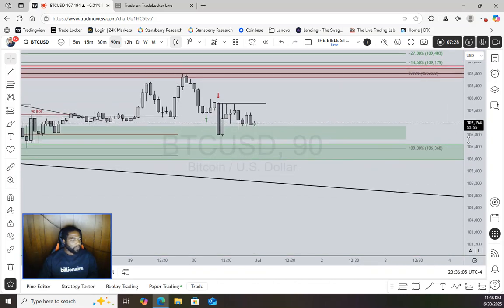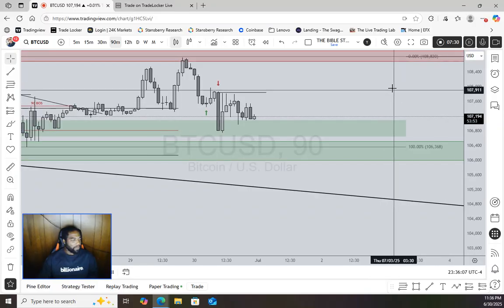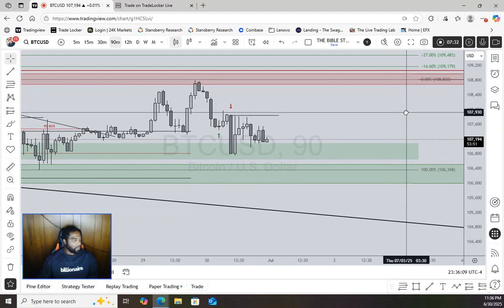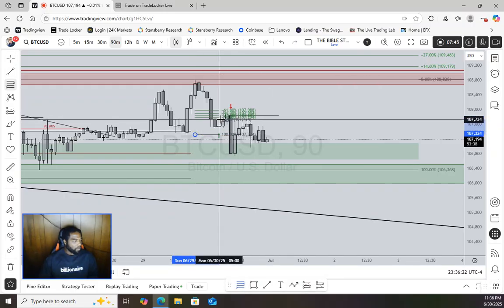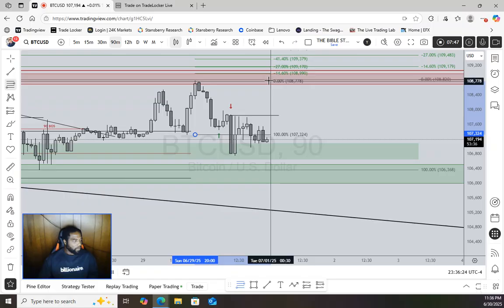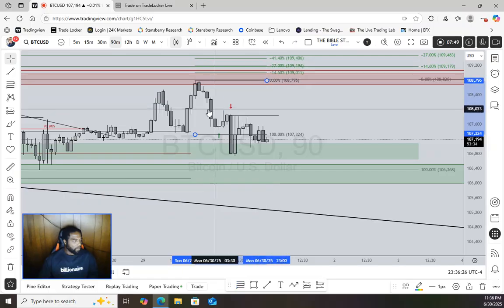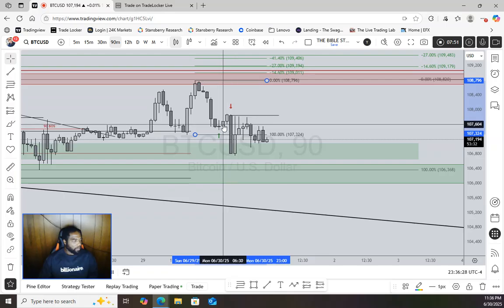So in order to know what price is doing there on the daily, and again, remember, in my previous video, this was the swing to swing, right? And we had our snipe zone.